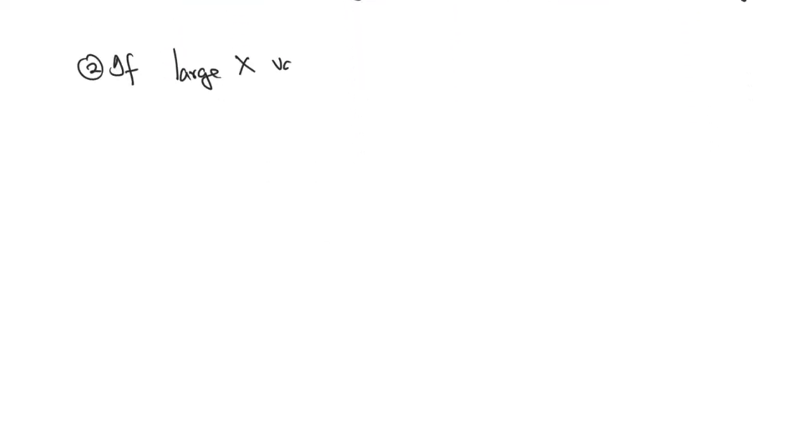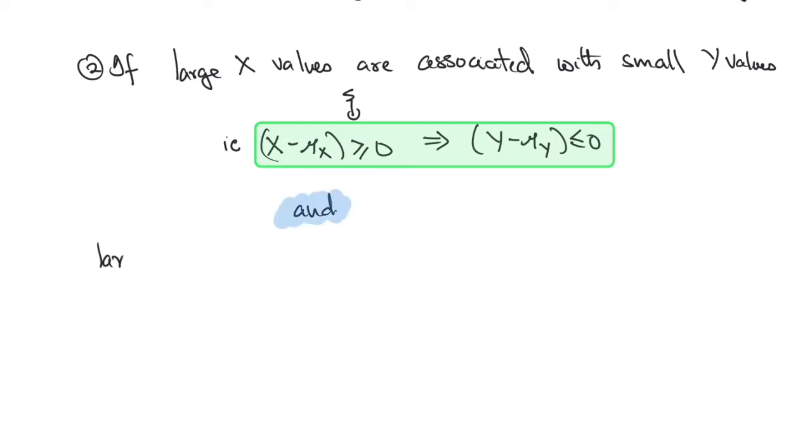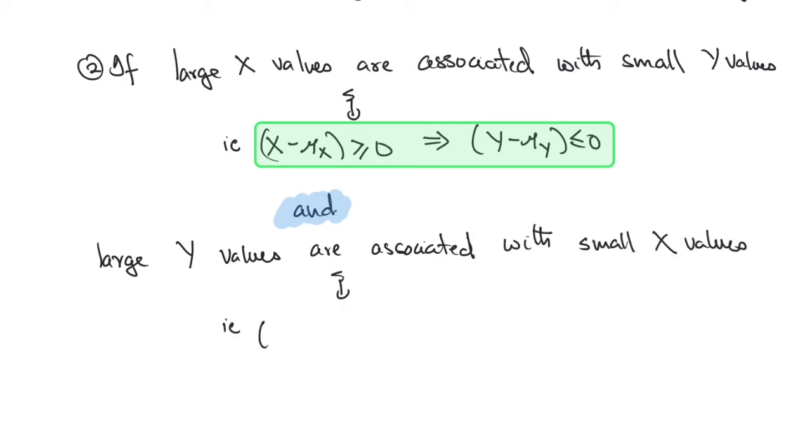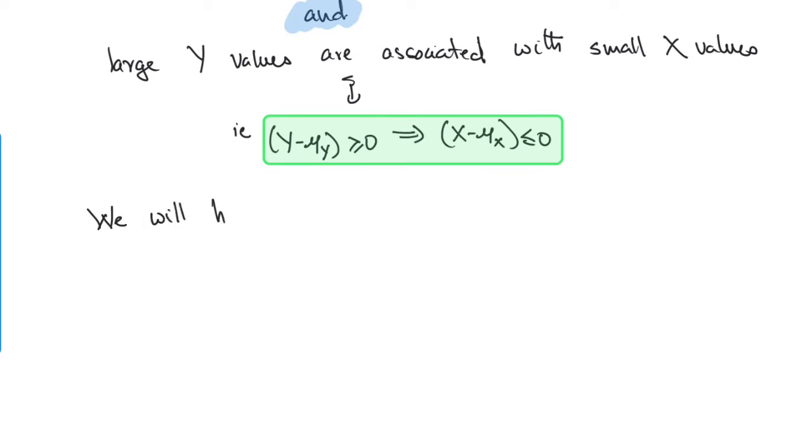Now, if large values of x were to be associated with small values of y, that is, if x minus mu x greater than or equal to 0 implied y minus mu y to be less than or equal to 0, and if large values of y were to be associated with small values of x, that is to say that y minus mu y greater than or equal to 0 implied x minus mu x to be less than or equal to 0, we will have that the function h of x and y would always be negative.